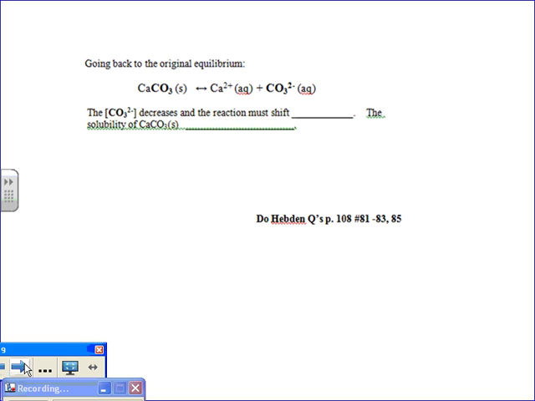This is just summing it up here, so I don't think I need to go over this. It says the carbonate decreases, the reaction must shift right. But I think I just said all that. And the solubility increases because we dissolve more solid. So that's the basis of the common ion effect. It's not really anything particularly different than our Unit 2 notes about shifting equilibrium and Le Chatelier's principle, but it is interesting because it's really applicable when we have a saturated solution.